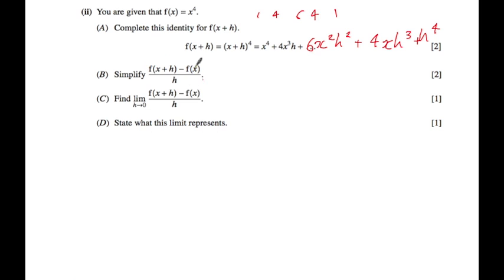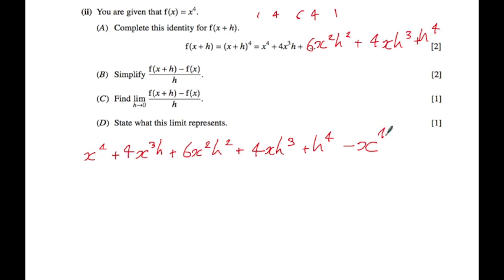Right, and then they want us to simplify this. So let's sub in what we've got here and then take away f of x. So the first bit, f of x plus h, we've written up there. It's x to the 4 plus 4x cubed h plus 6x squared h squared plus 4xh cubed plus h to the 4 minus f of x, so minus x to the 4, all over h.